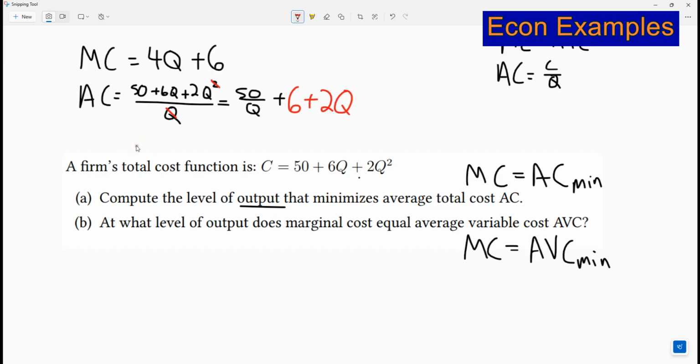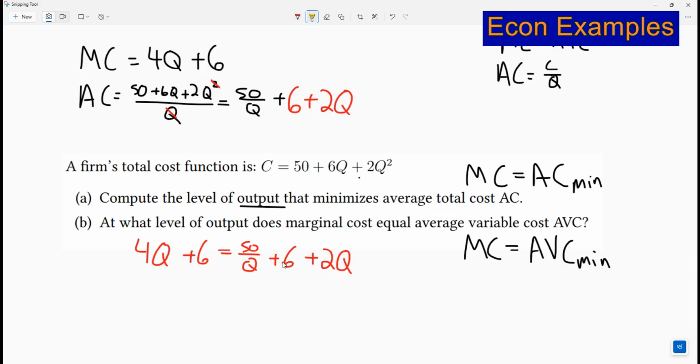So we'll do that right here. This will be 4. I'm going to run out of room, so let's do it down here. 4q plus 6, that's our marginal cost, equals 50 over q plus 6 plus 2q. Already we can get rid of some things.